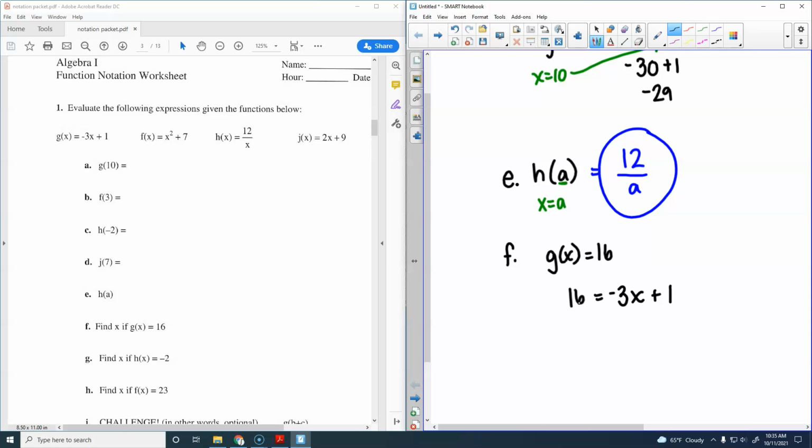Okay? So Hank, what would I do to solve that? Good. So I'd get 15 equals negative 3x, and then what would I do? Good. I would divide by negative 3. So negative 5 would equal x.